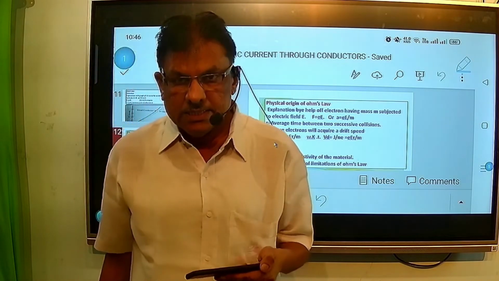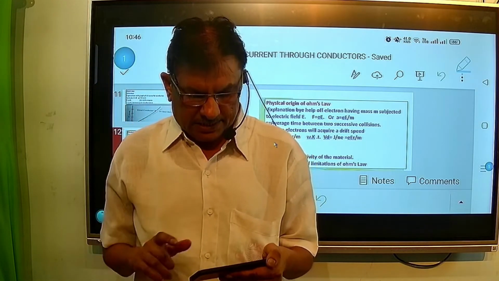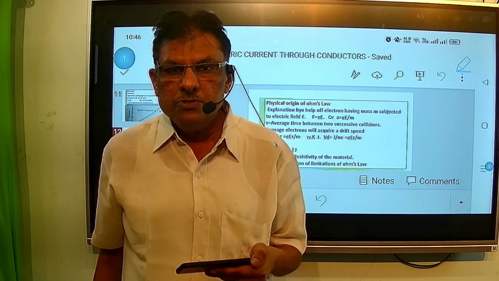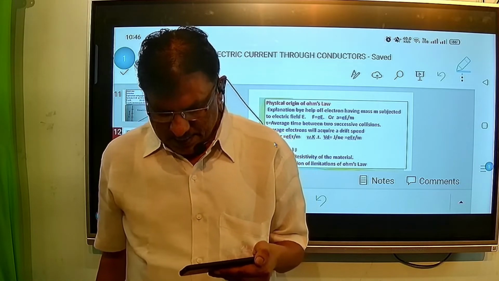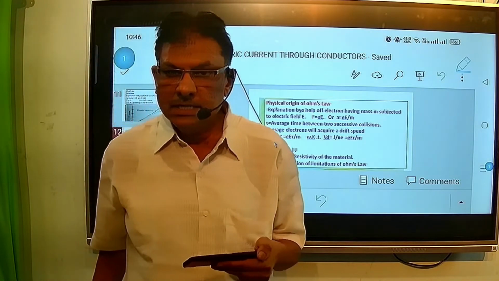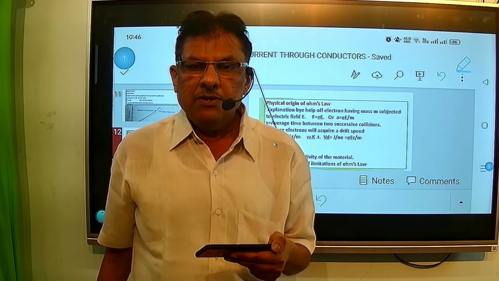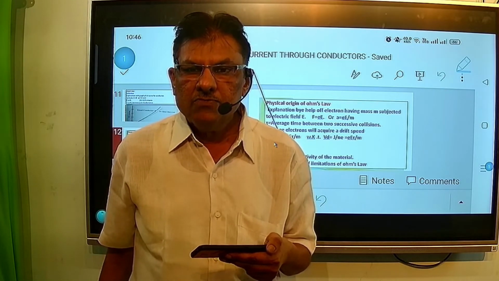So as long as we do not give the supply externally, we have to do something. We have to prepare a circuit. And when we prepare a circuit, we are applying a battery voltage V to that resistance of the copper.